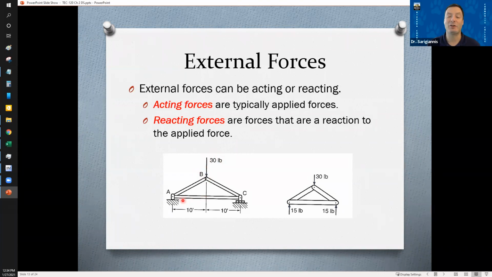If I take this structure and disconnect it from the ground, I can see that in order to counteract this 30 pounds, and based on the measurements and everything, you'll learn how to do this, I need to have 15 pounds of reaction force by the ground, right? This structure is supporting this extra 30 pounds, assuming the structure weight is negligible. There's a reaction force of 15 pounds at each of these points, in reaction to this applied force.